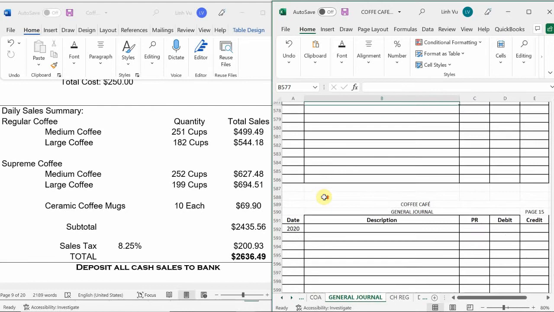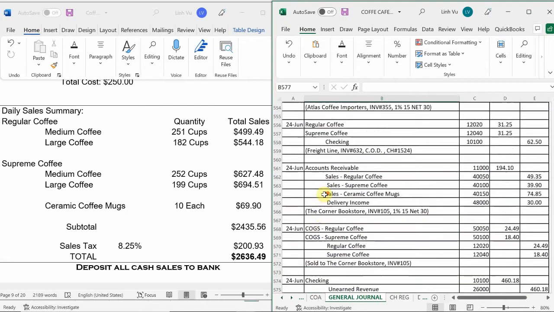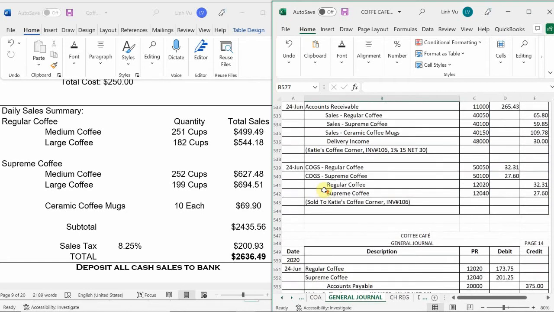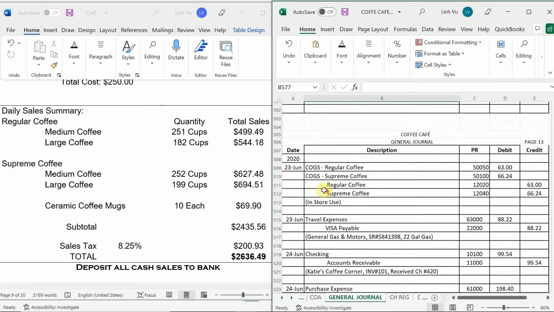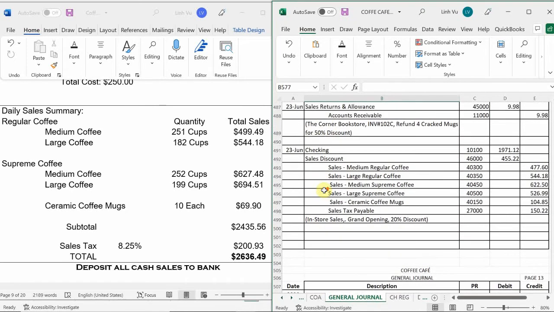Let's see. I definitely have space for the sales section in my journal here, but I don't have enough space for the cost of goods sold. Okay.